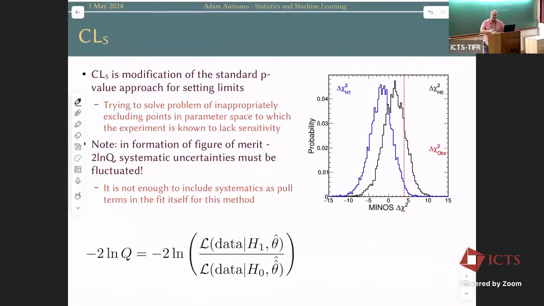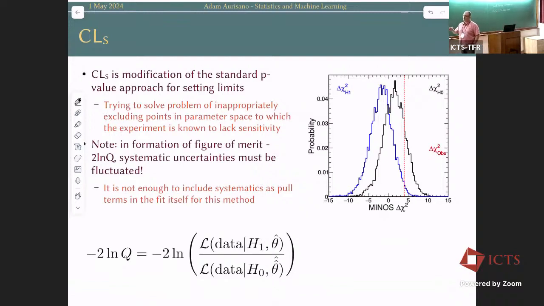Now, one other frequentist-ish method, it's frequentist, but it's not necessarily based in foundations exactly the same way as some of these other methods are, is called CLs. This is trying to solve a problem.